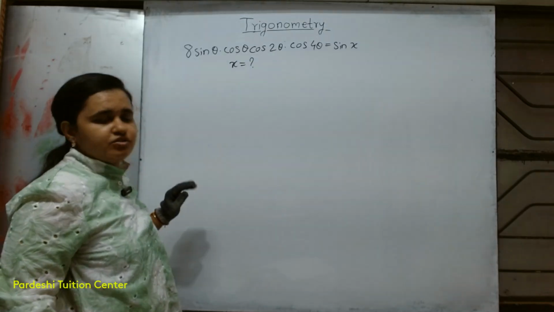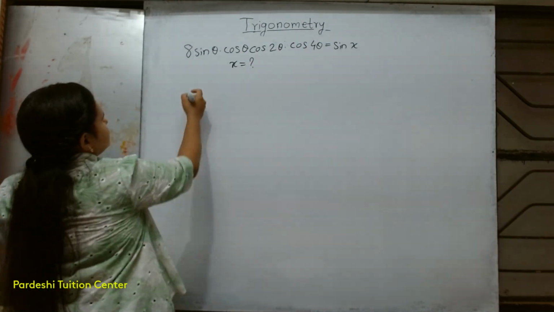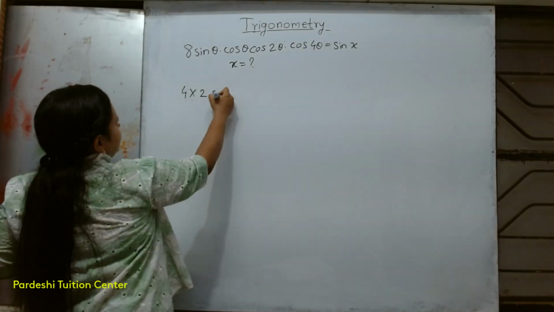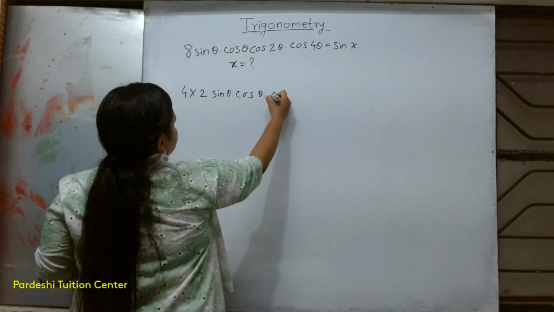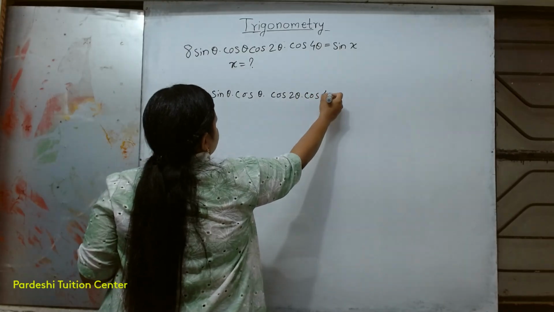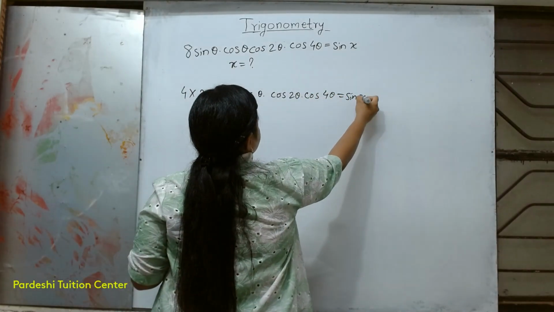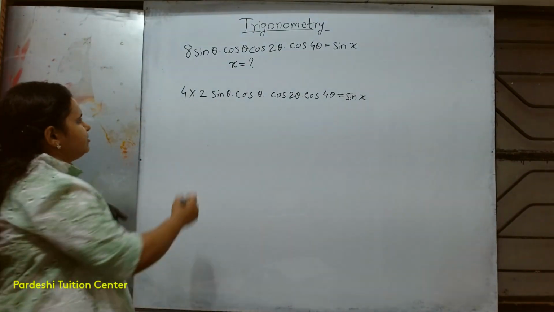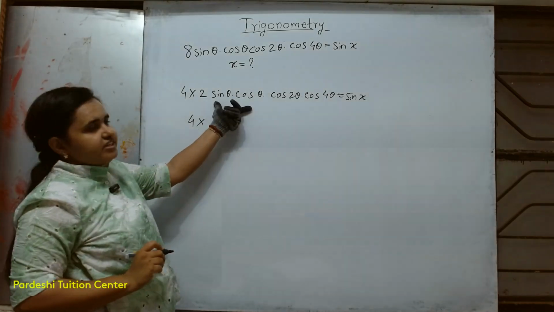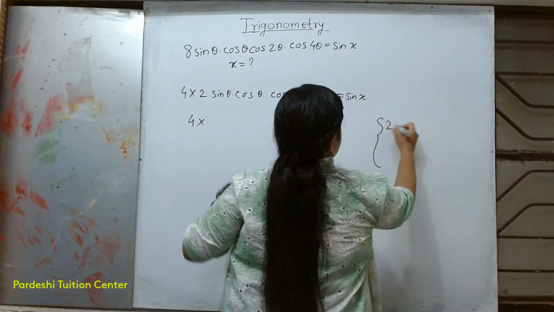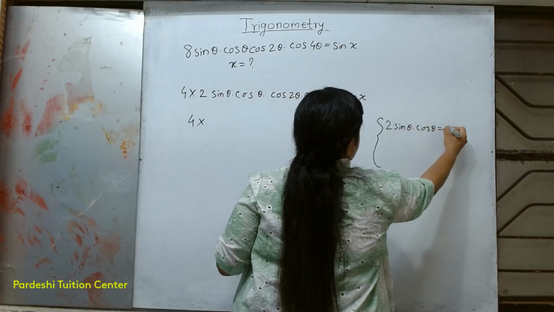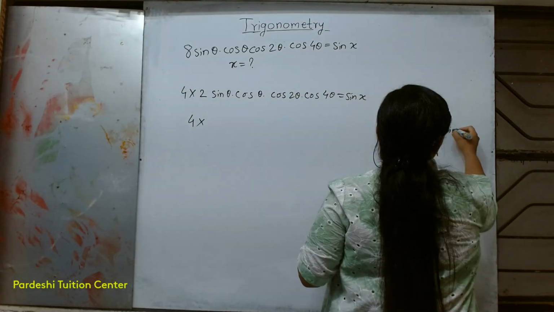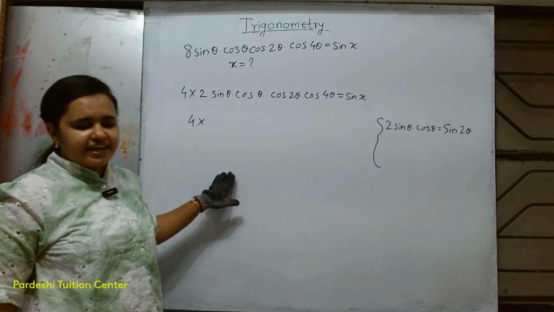We can write 8 as 2 into 4 or 4 into 2. So it will be 4 times 2 sin theta cos theta into cos 2 theta cos 4 theta equals sin x. 2 sin theta cos theta is the formula for sin 2 theta.